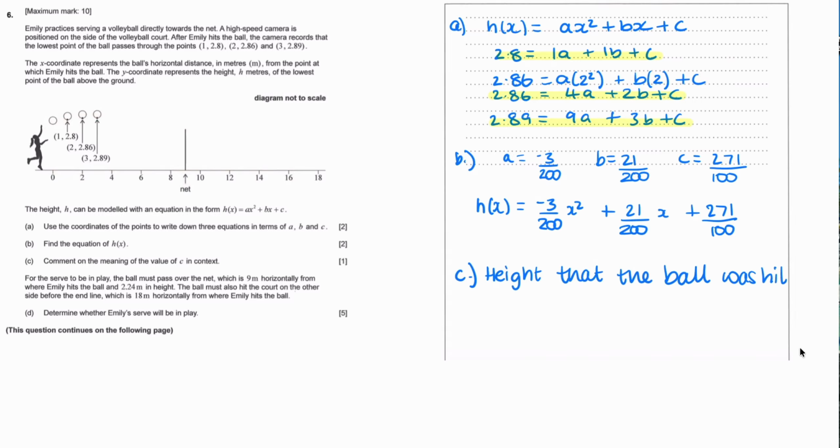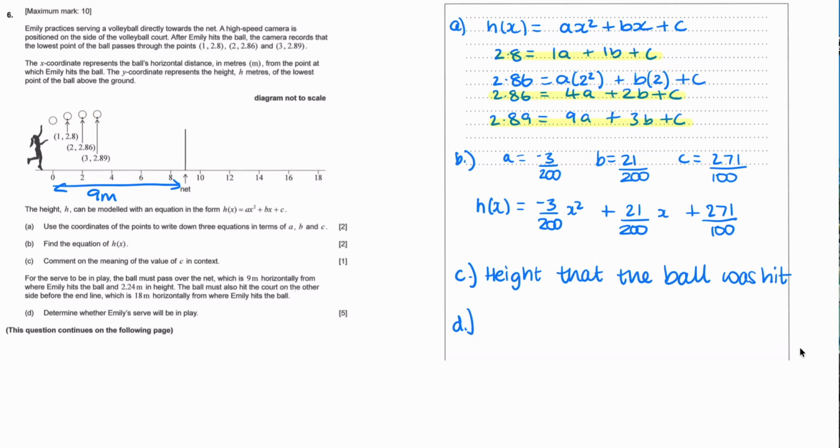So that is the height that the ball was hit. And then part D is asking us about the net. For the serve to be in play, the ball must pass over the net, which is 9 meters from Emily. So this is 9 meters.